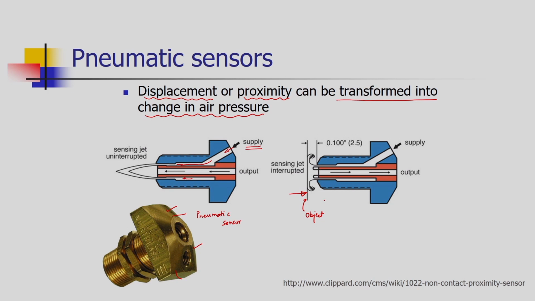When there is a restriction or an obstruction for the flow, there is a change in pressure. The pressure inside the central port will increase. This increase in pressure triggers a signal.